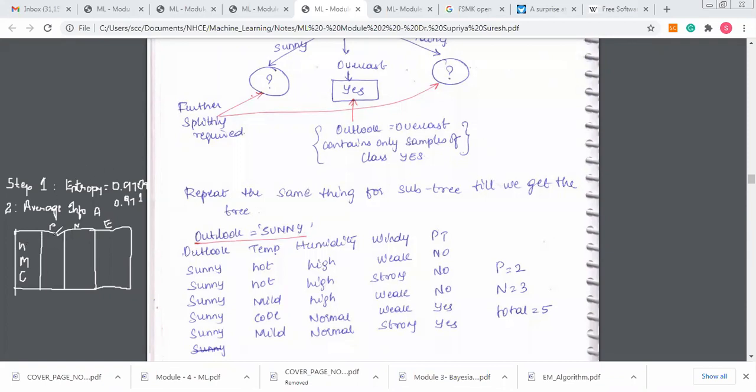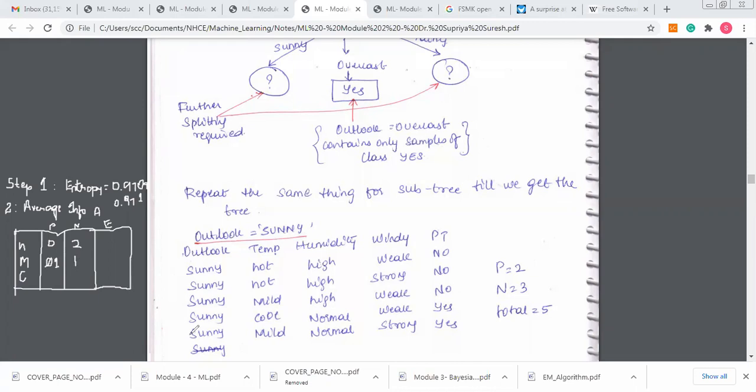Okay. So hot, the number of positives with respect to hot. Hot does not have any positives, so it is 0 positives and 2 negatives. And mild has 1 positive and 1 negative.